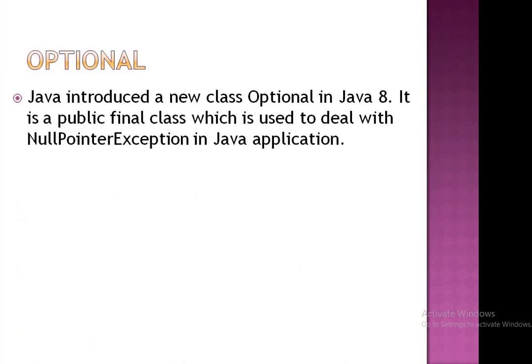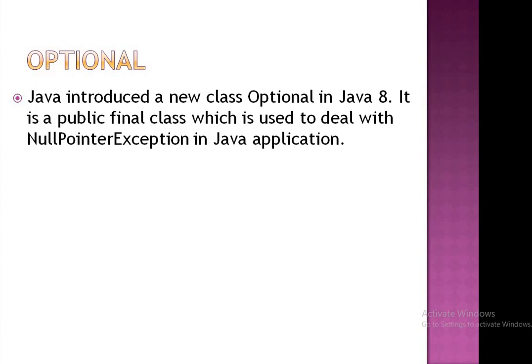And Optional. Java 8 introduced a new class called Optional. It is a public final class which is used to deal with null pointer exceptions in Java applications.